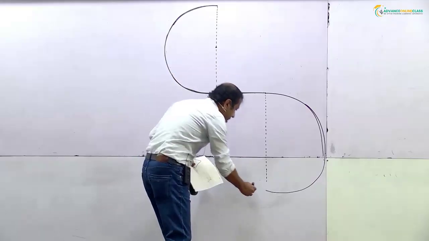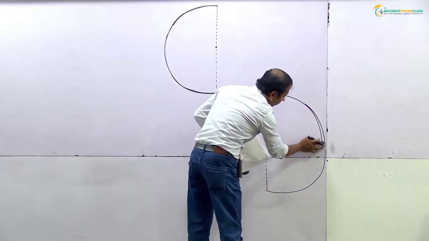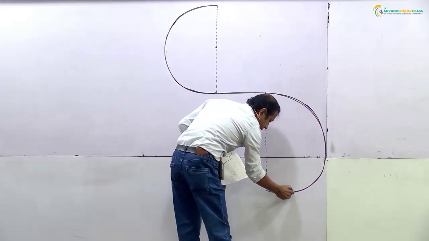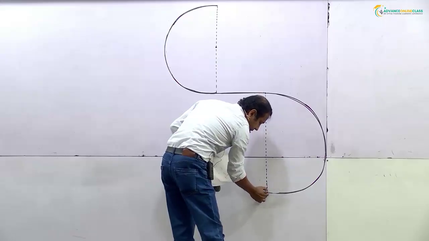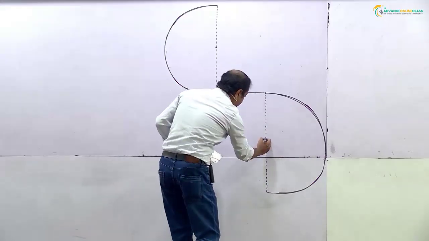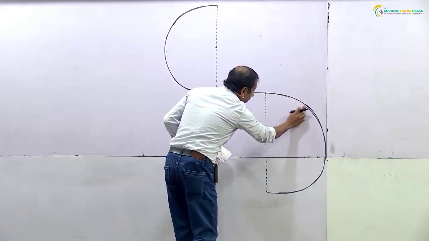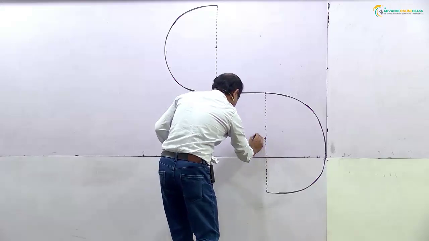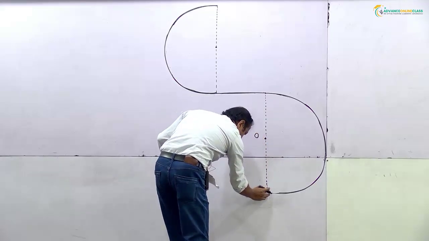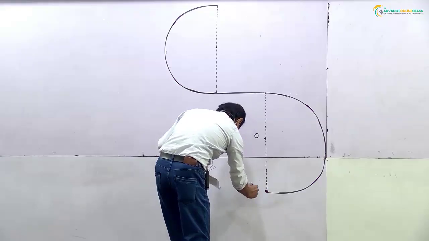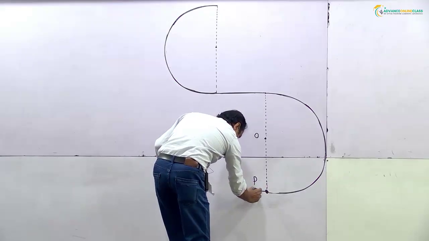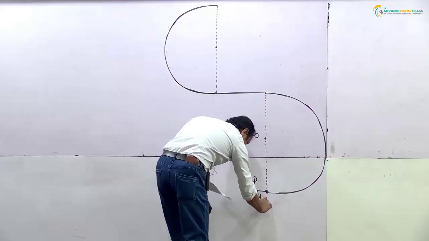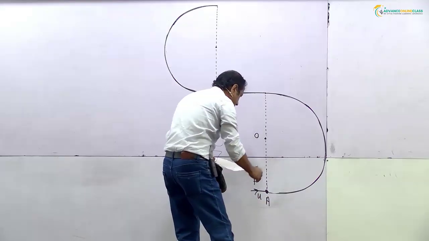Right, this way we have a, this is O. Right, the particle is projected from here. Particle is P, projected with velocity U. Okay, right here A. It comes here.